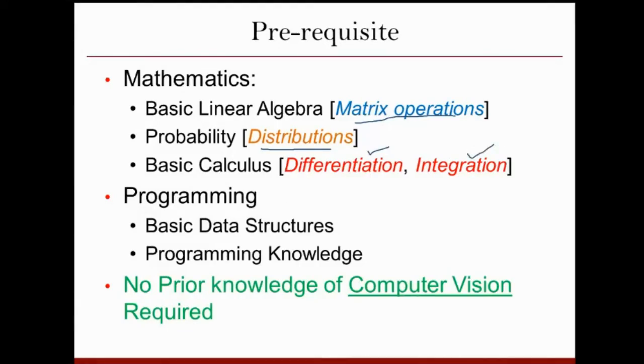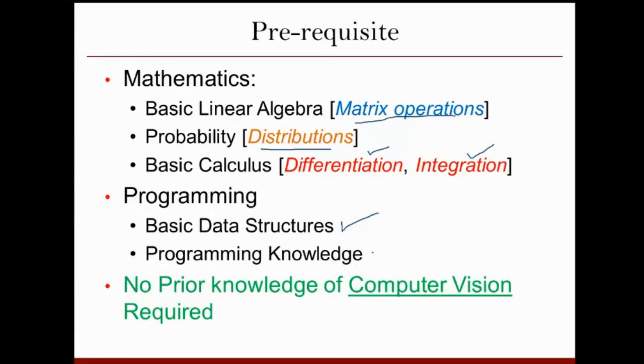For whatever techniques we are discussing here, we will be implementing them using a computer. So if you want to implement anything using a computer, you need to know some programming language, either C, Java, MATLAB, whatever you are comfortable with. A little bit of idea about data structures, like what is an array, what is a matrix, how these things are represented in a computer.